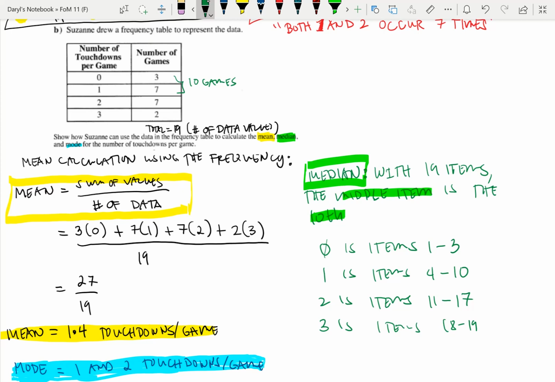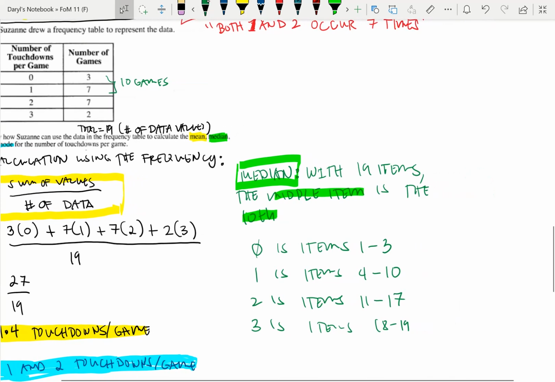So in this particular case, you can see that this portion here is item number 10.